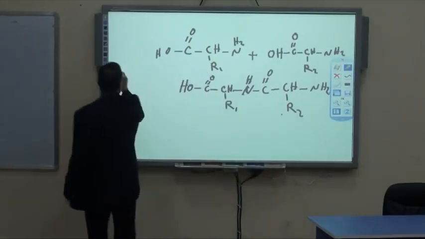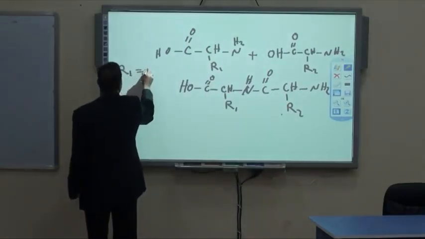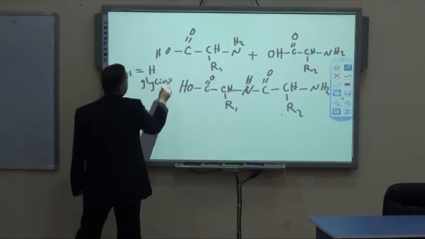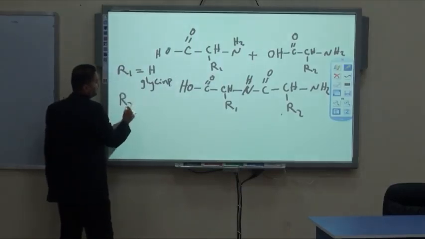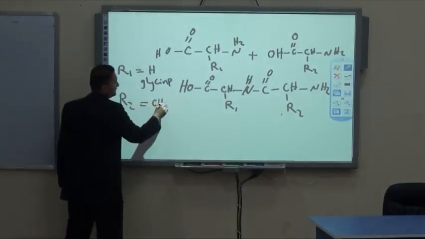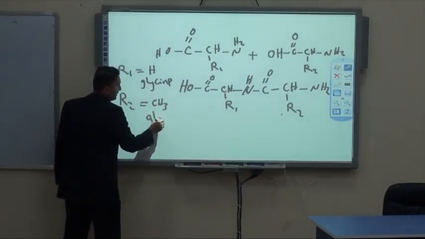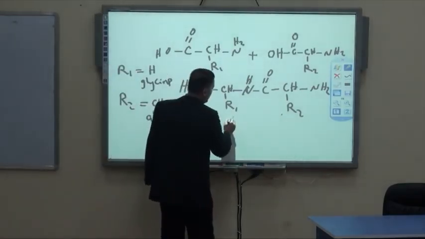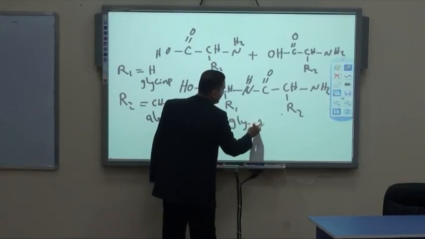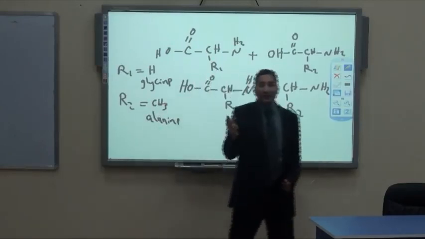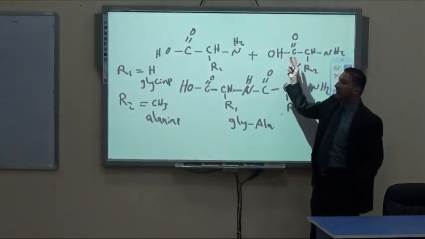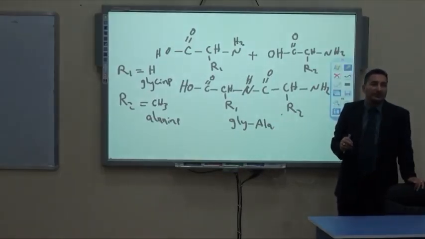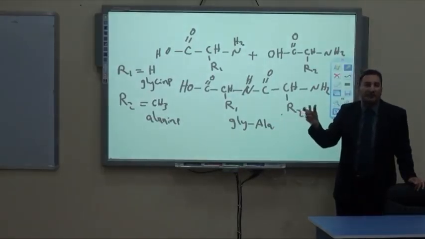If we suppose R1 equals H, which means glycine, and R2 equals CH3, alanine, this dipeptide will be glycine alanine. But we have another possibility, alanine glycine. So we cannot confirm the dipeptide in this case.